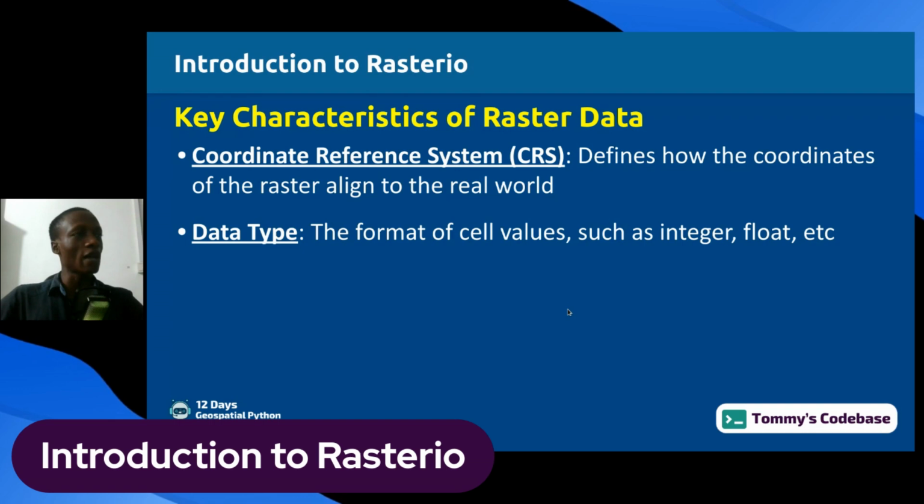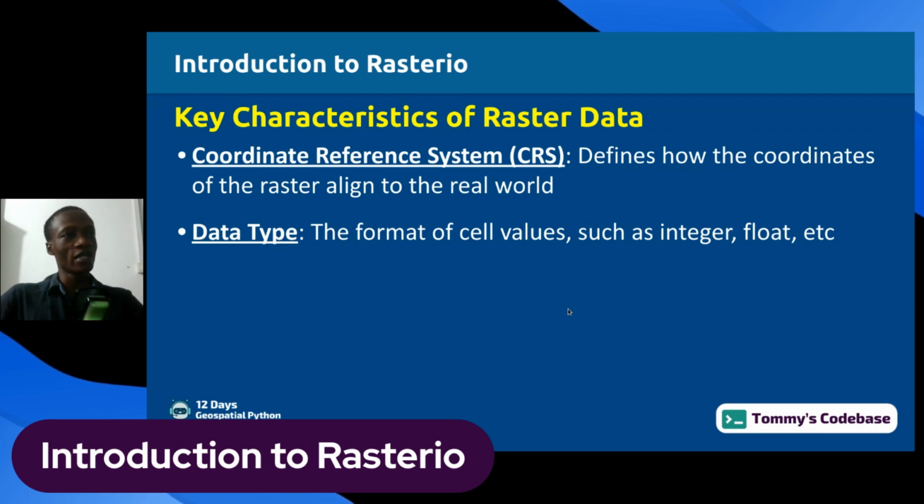Okay. Rasters also have a coordinate reference system. Of course, they should. And that is how we can position them in a real-world geographic space in any software or programming language which is able to handle raster data. And rasters also have data types, which is usually the format of the cell values. So we have integer rasters and float rasters.